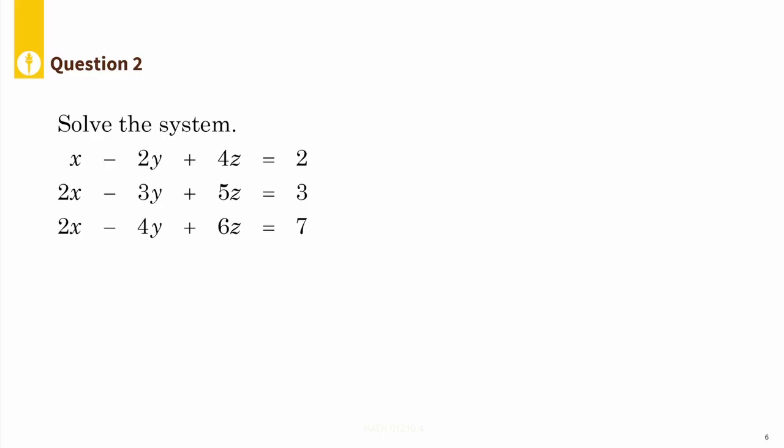Coefficient matrix, what's the first column? 1, 2, 3. What's the second column? -2, -3. Third column. 4, 5, 6. And what is that going to be augmented with? 3, 6, 5.